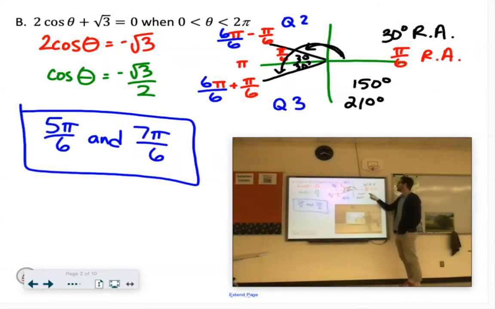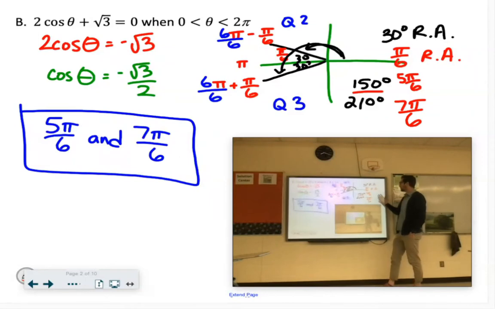So really you could say, if 30 degrees is pi over 6, 30 times what would give you 150? That's times 5. So that would give you 5 pi over 6. 30 times what would give you 210? 7. It would be 7 pi over 6.